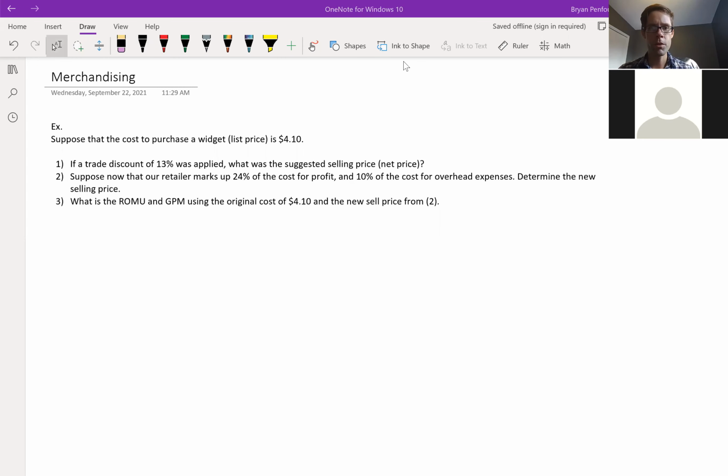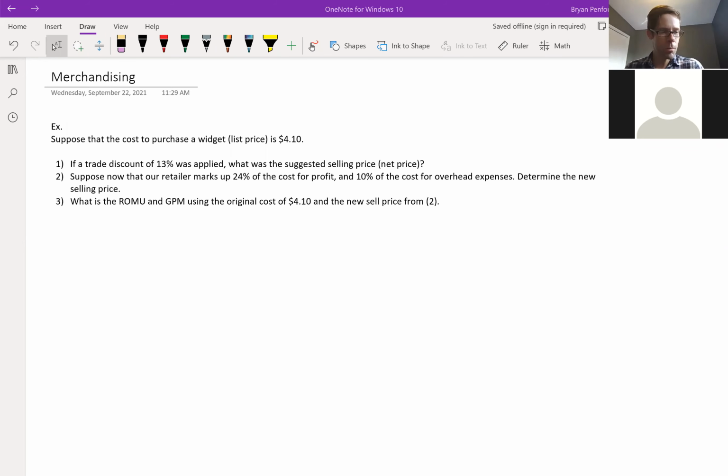Yeah, so Alexander has put the formula up for us in the chat, and I will put up the alternate formula in the chat as well, and that is that the cost to the retailer can sometimes be thought of as a suggested retail price times 1 minus the trade discount.